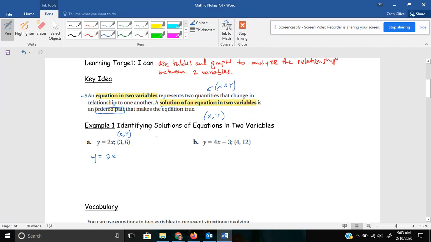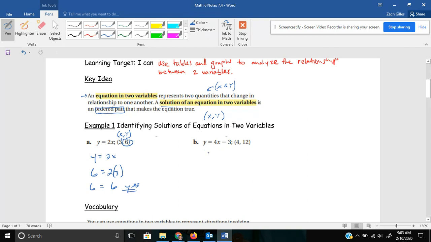So we want to see if I substitute 3 in for x and 6 in for y, would it make this equation true? Well, let's try. Let's substitute in 6 for y. So 6 equals 2 times, what was my x? My x was 3. Well, 2 times 3 is 6, so 6 equals 6. So yes, it does. So 3 comma 6 is a solution.